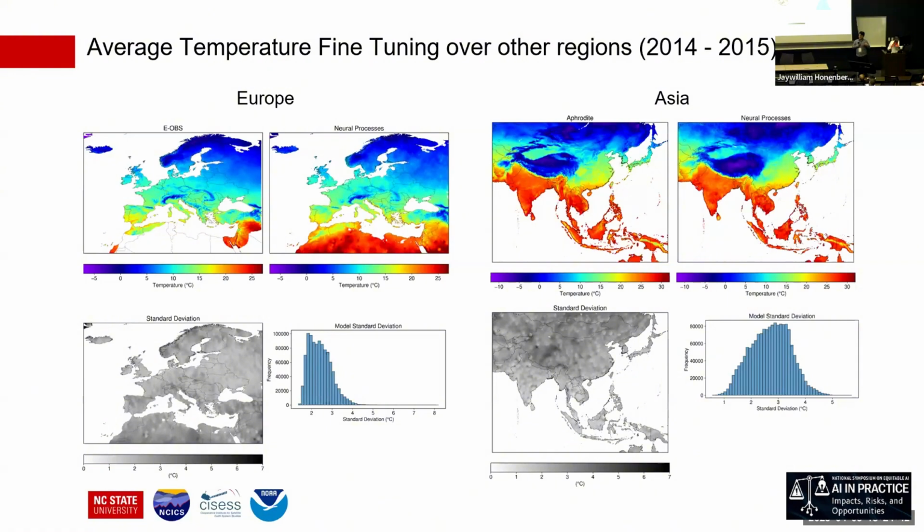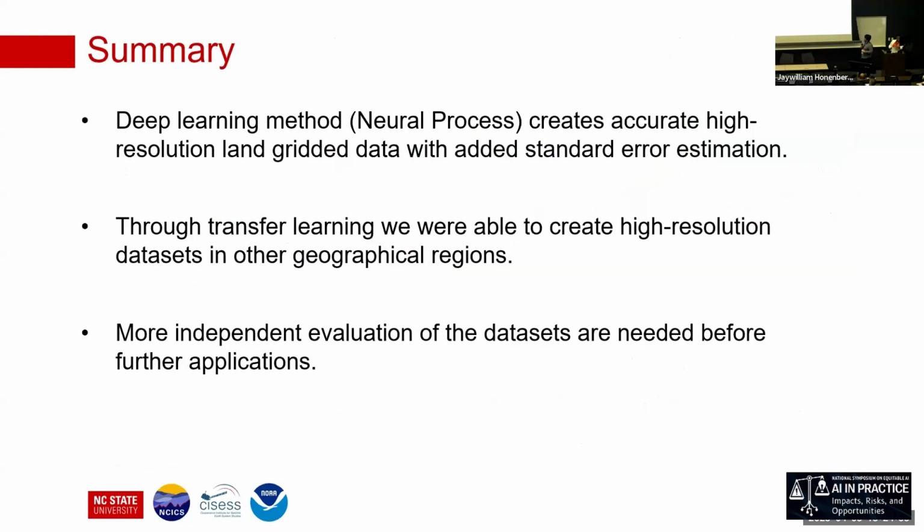That is something that needs to be further improved in the observation network itself. And there you can also see a much wider spread of the uncertainty estimation in that part of Asia.